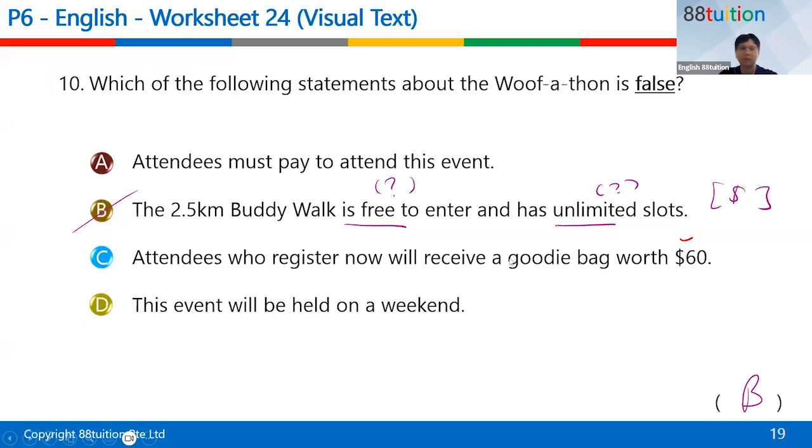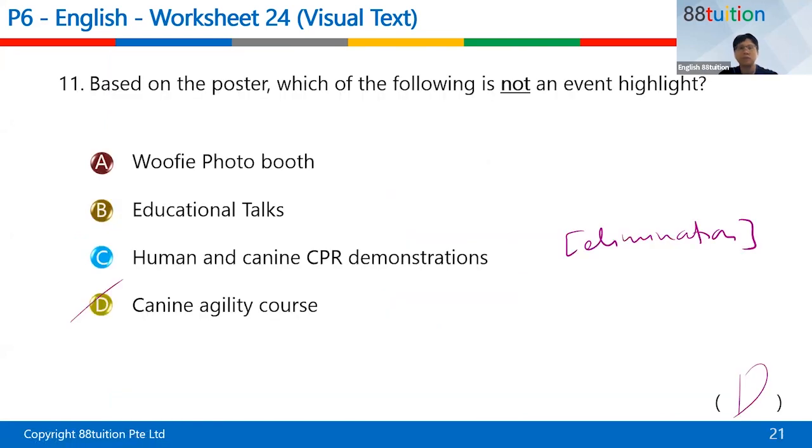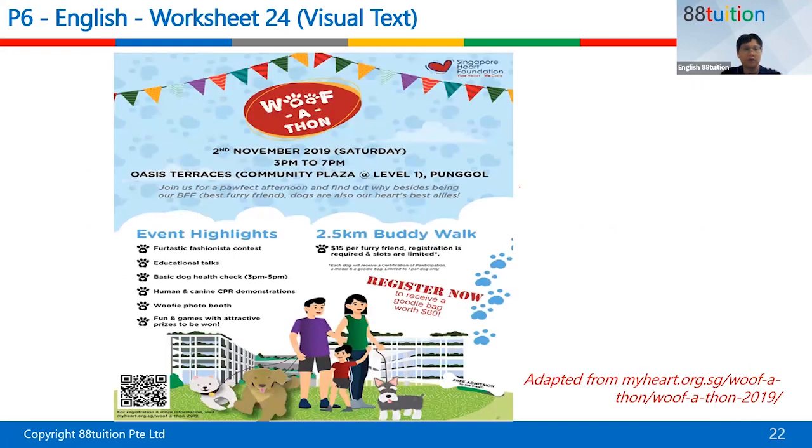Next one. Okay, so the next one is this question. Based on the poster, which of the following is not an event highlight? Not an event highlight. Okay, we see what the events are. Okay, Woofy photo booth you have, right? So these are the event highlights, it's stated here.